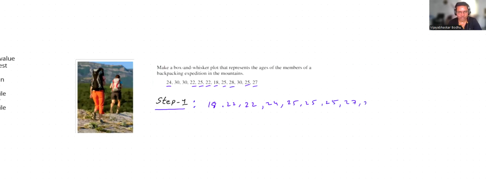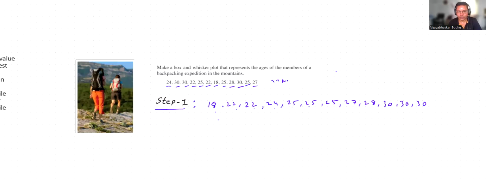Then you have 30, 30, 33, the 30s are there. To check whether you have noted all the numbers, there are 1, 2, 3, 4, 5, 6, 7, 8, 9, 10, 11, 12 numbers here, and the same number here. Yes, so we have taken all the values.